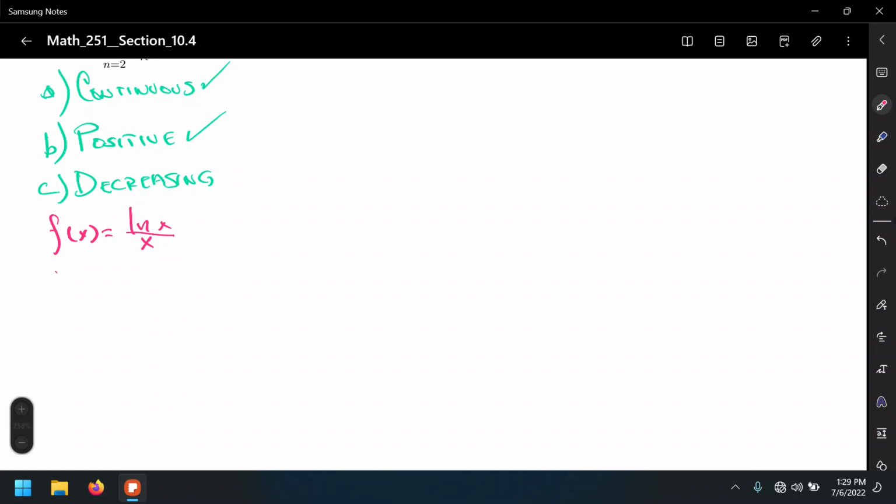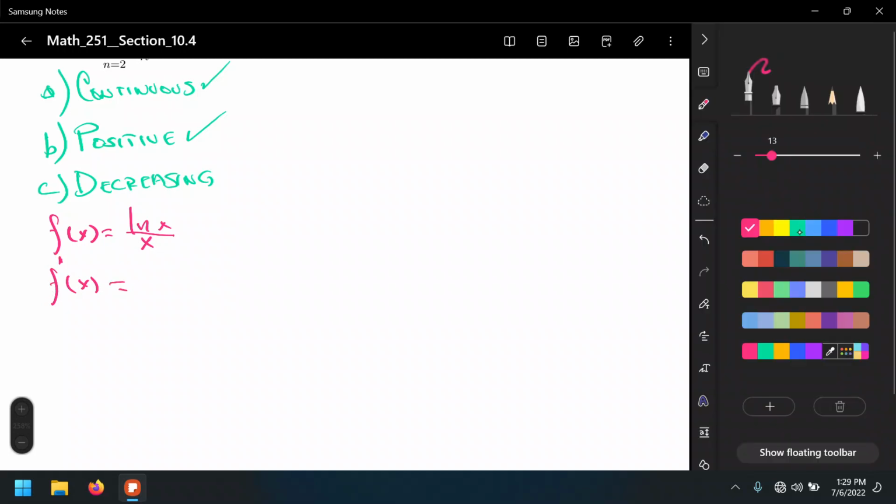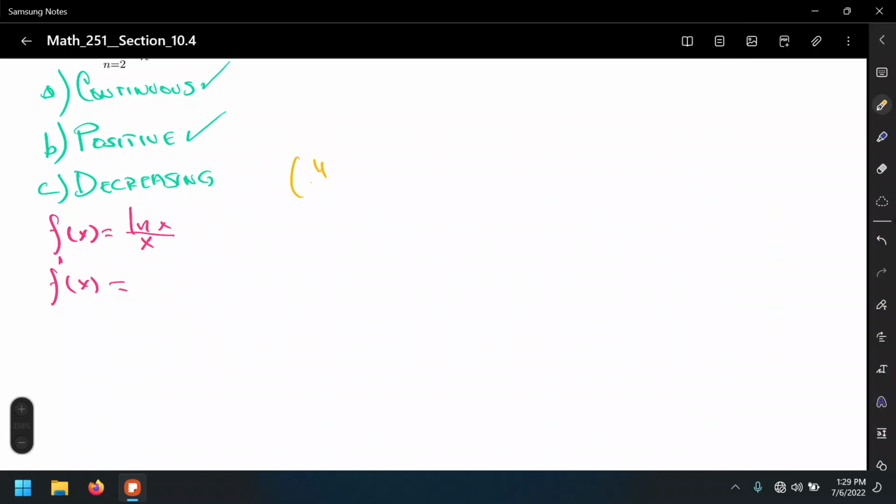So f prime, in this case we will need to use the quotient rule. Recall the quotient rule. Whenever you have u over v, prime, that's u prime v minus v prime u, over v squared. That is the derivative of the numerator times the denominator without differentiating, minus the derivative of the denominator times the numerator without differentiating, and the whole thing divided by the denominator squared.